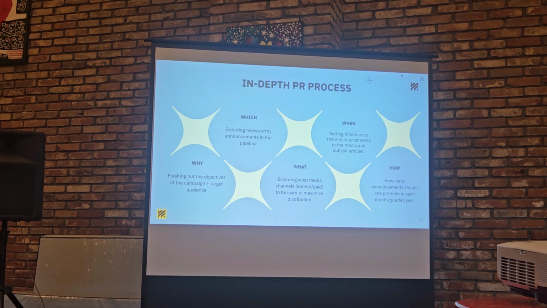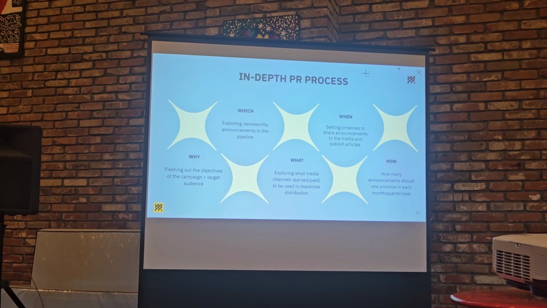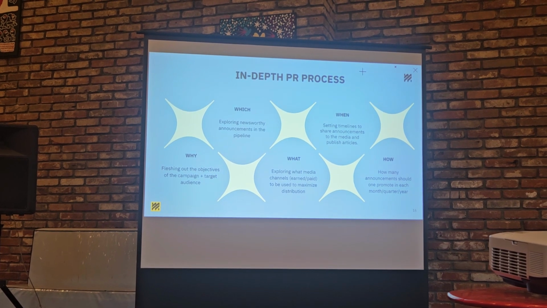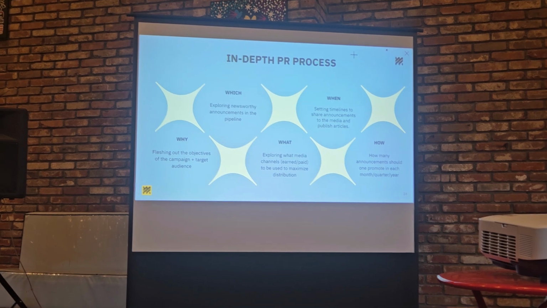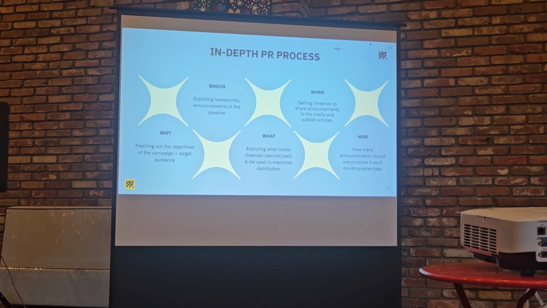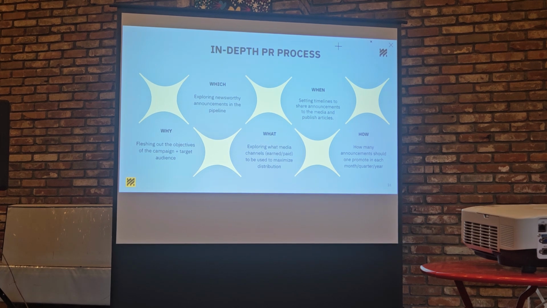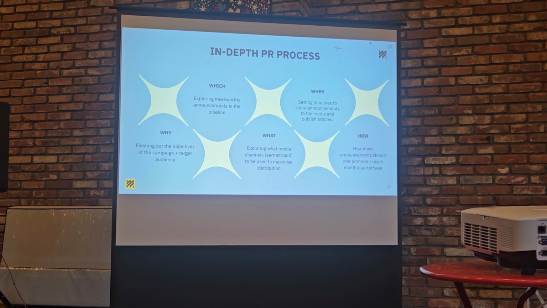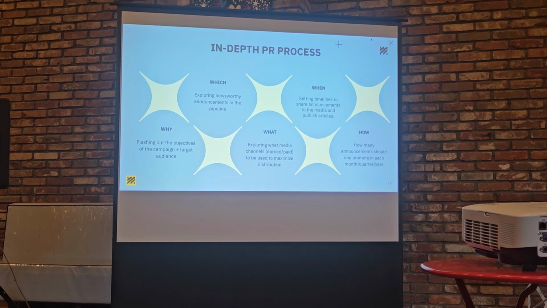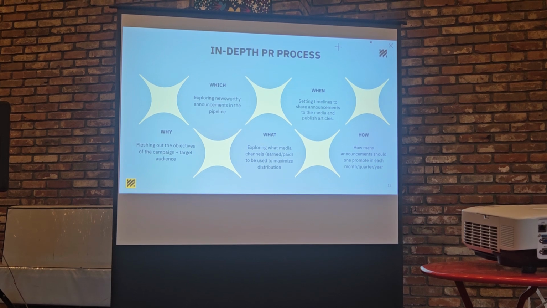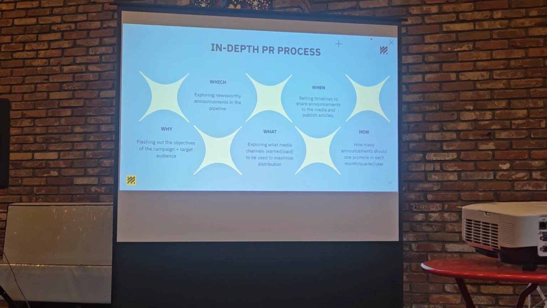Couple pointers here. Typically, a lot of brands do a lot of heavy thinking on which and when in this graph. So many founders are thinking about exploring newsworthy announcements in the pipeline, and they're setting timelines, but they're not really thinking about why, what, and how. So ask yourself, why does this PR need to exist?